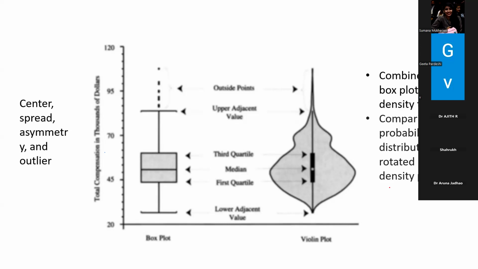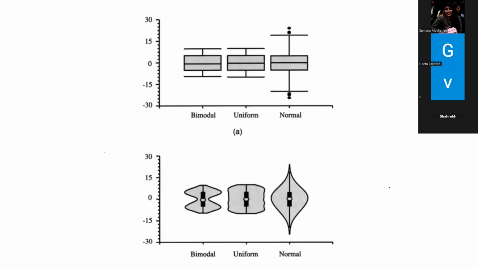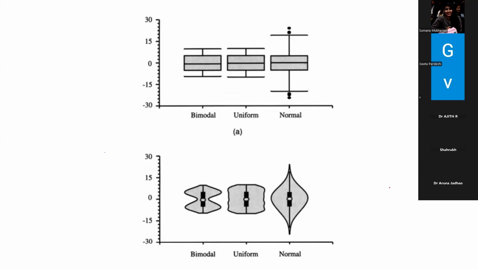So you can show the median, and you can show the median and mean differently, as I have showed you earlier in one of the results. Of course, the outliers are not shown as dots, but whenever it thins out, you know that there are outliers along those lines. And the most interesting thing is this particular graph, which shows you that the box and whiskers plot may be the same whether the distribution is bimodal or uniform, but it is clearly shown in the violin plot.